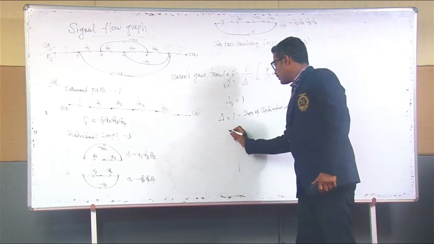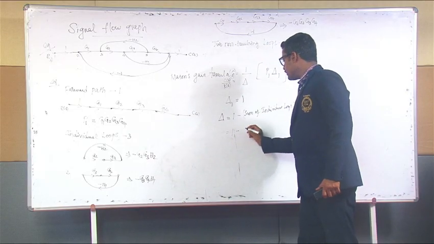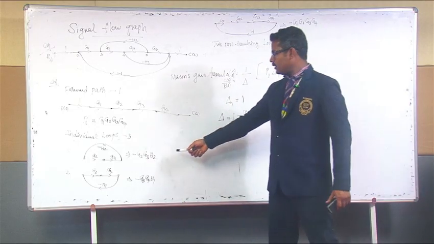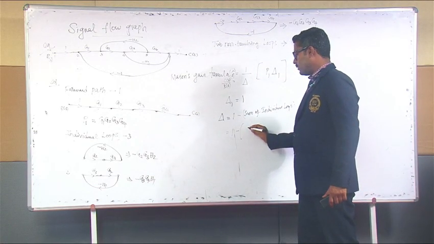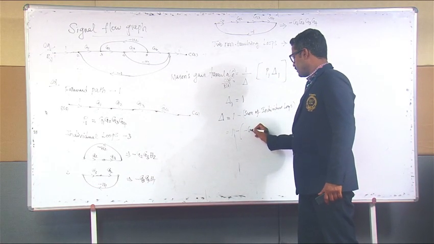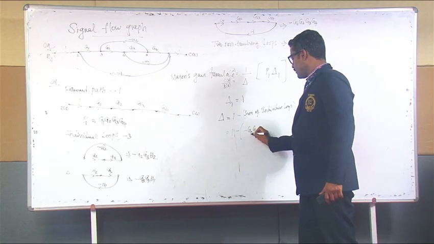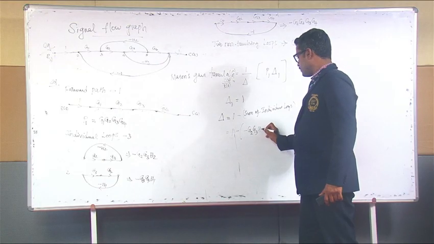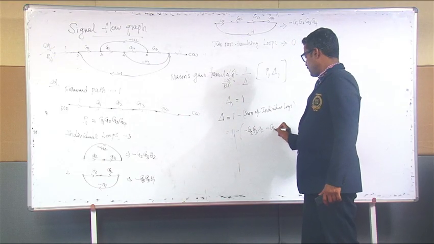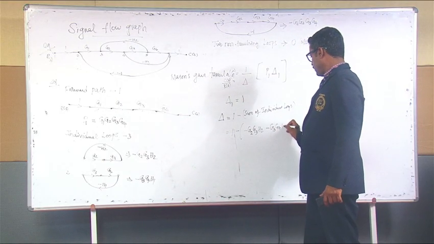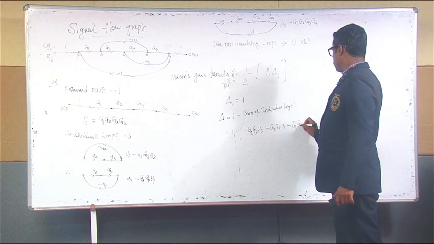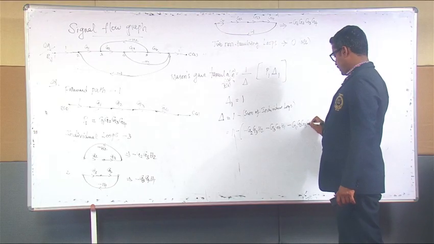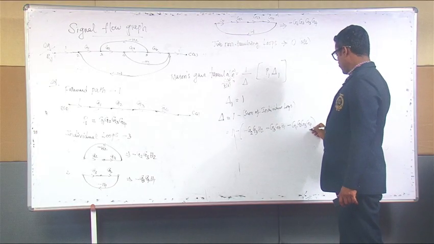So it is equal to 1 minus, so what is the sum of individual loop gains? You have to add them out. So it is nothing but minus G2, G3, H2 minus G3, G4, H1 minus G1, G2, G3 and G4.